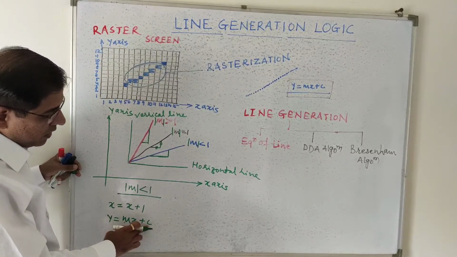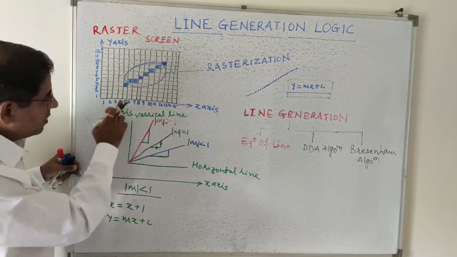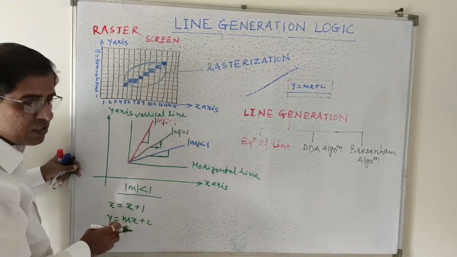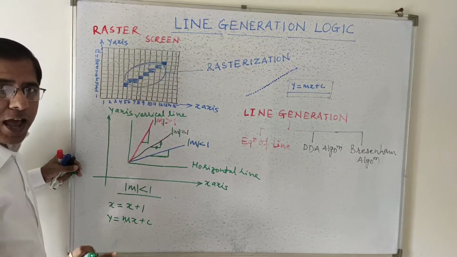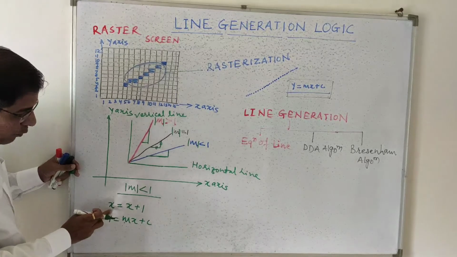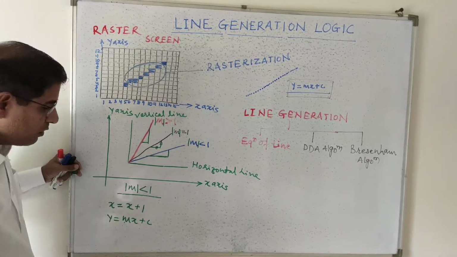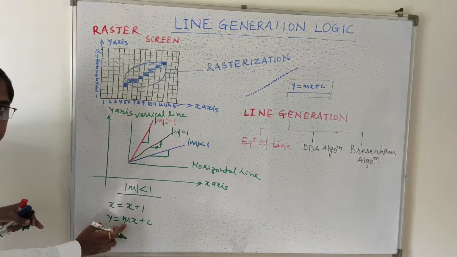Similarly, the value of c can also be calculated by putting the start point or end point coordinates in this equation. Okay, so once you are ready with the values of m and c, you keep on incrementing the value of x in every iteration and calculate the value of y by putting it in this equation.